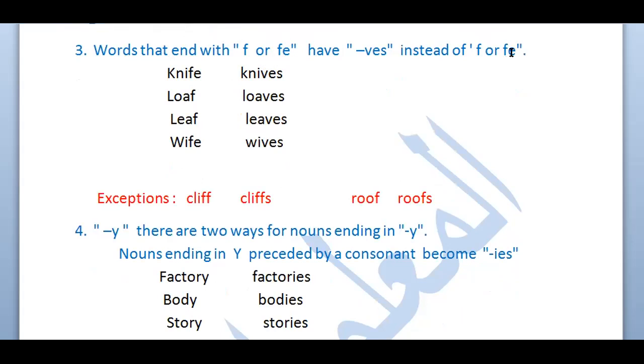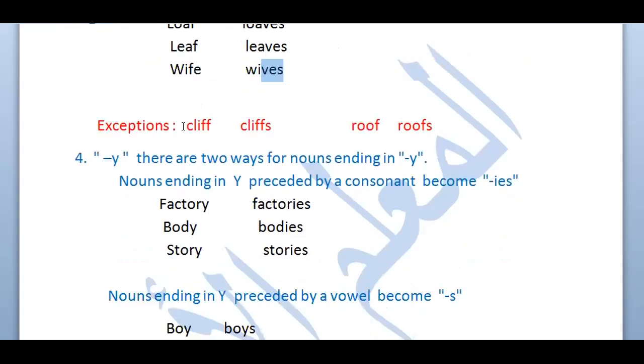So we have examples here: knife, knives, loaf, loaves, leaf, leaves, wife, wives. As we see here, we have VES at the end of these nouns to make them in plural.